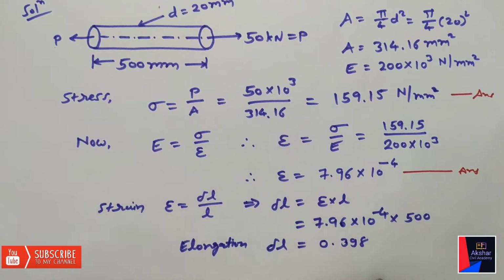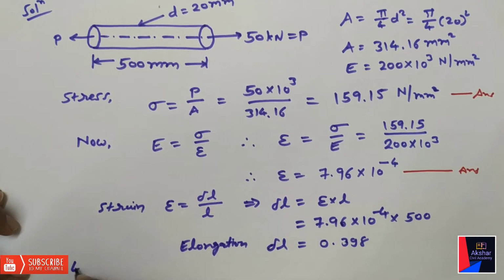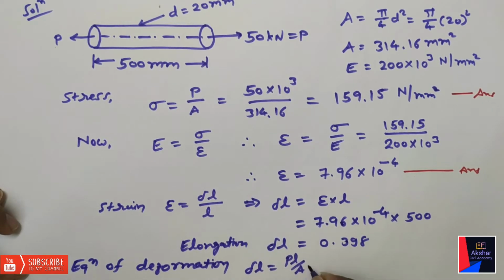Or we can find elongation from another formula also. We have the equation of deformation, which is delta L is equal to PL by AE. That can also be used.